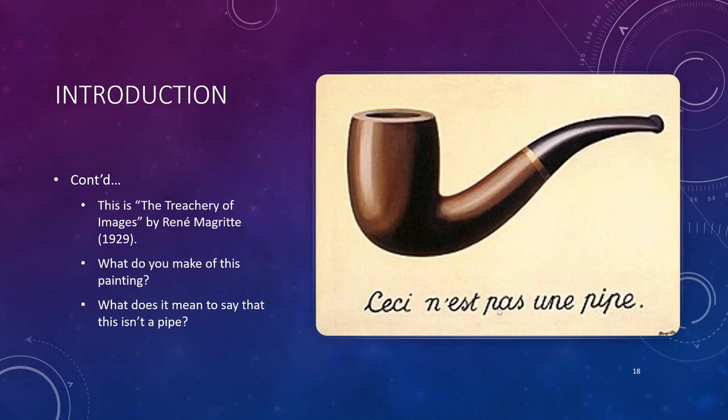What does it say here? Who can speak French or read French? Yeah, it says "this is not a pipe." So what are you talking about, Magritte? What do you mean that's not a pipe? Is it a pipe? What does it mean to say that this is not a pipe?